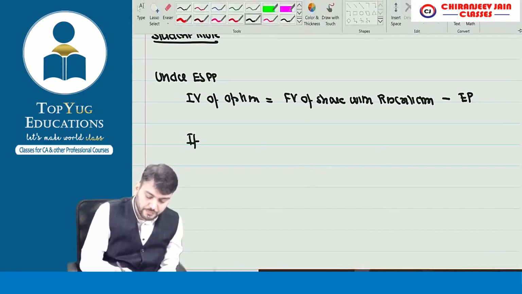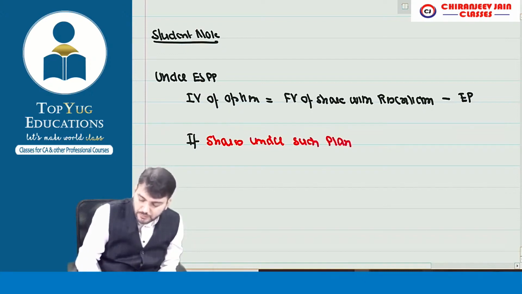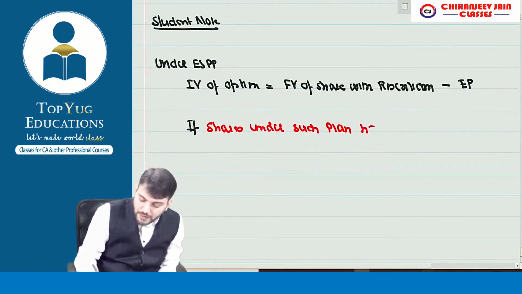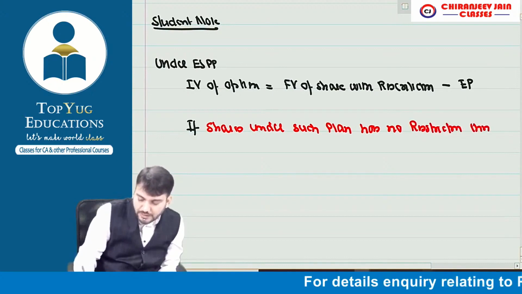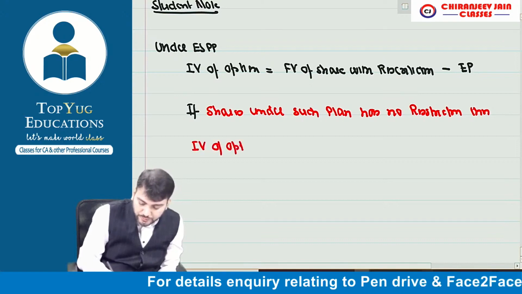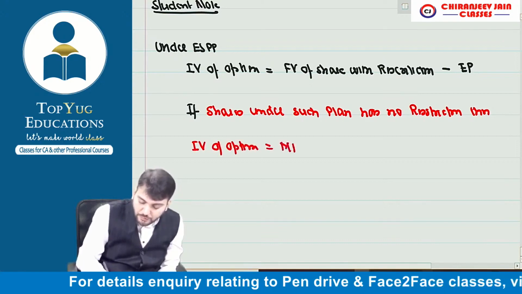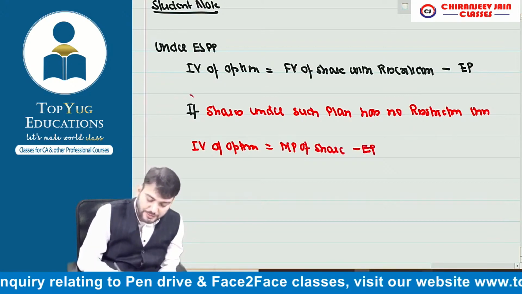If shares under such plan have no restriction, then intrinsic value of options will be equal to market price of shares minus exercise price.